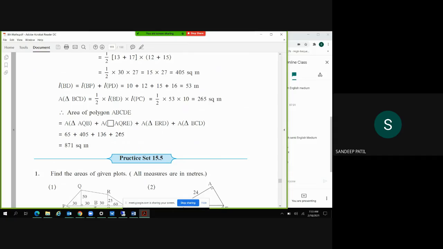And this way we can calculate the area for any polygon.